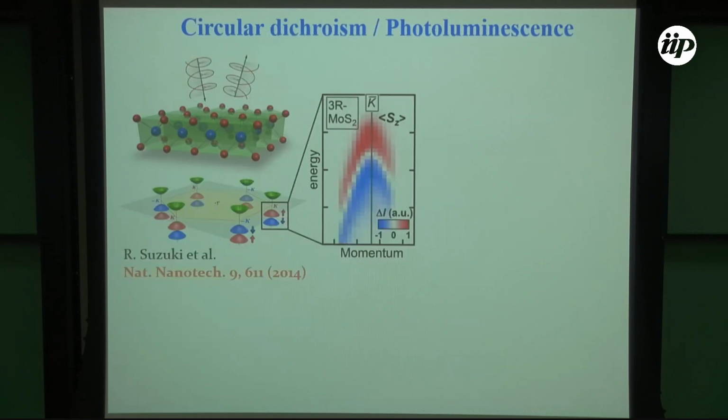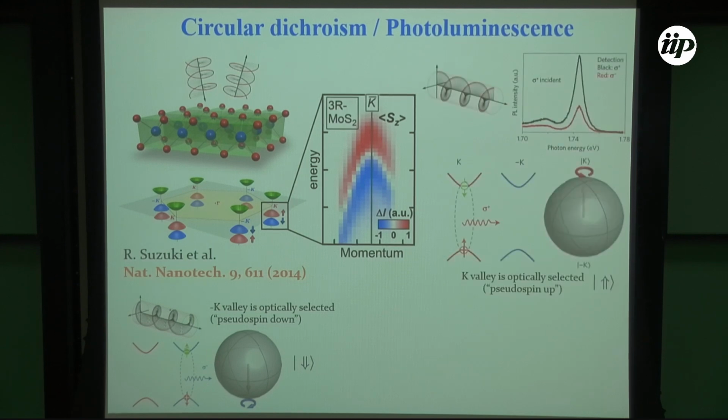I think this was a major breakthrough, that people realized this could be accessible because of the large spin splitting, and that under light absorption you will generate different types of excitonic properties.